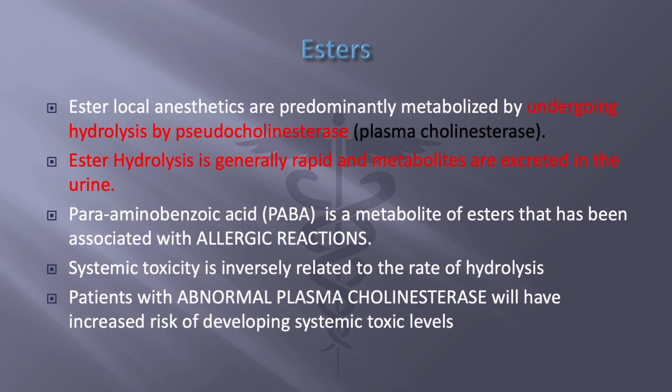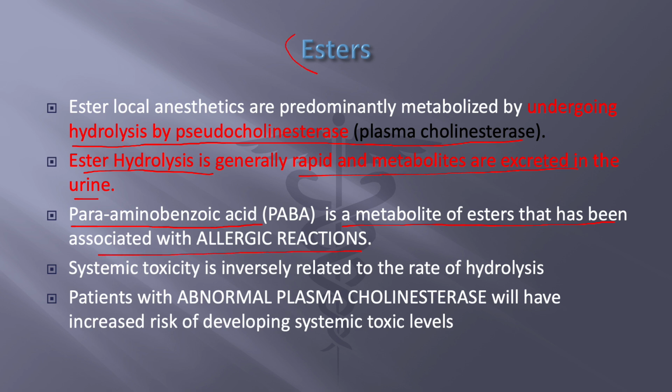When we start to talk about ester local anesthetics, they're going to be predominantly metabolized by undergoing hydrolysis by pseudocholinesterase or plasma cholinesterases. Okay, ester hydrolysis is generally rapid, and metabolites are excreted in the urine. But what's interesting about esters is that para-aminobenzoic acid, or PABA, is a metabolite of esters that has been associated with allergic reactions.